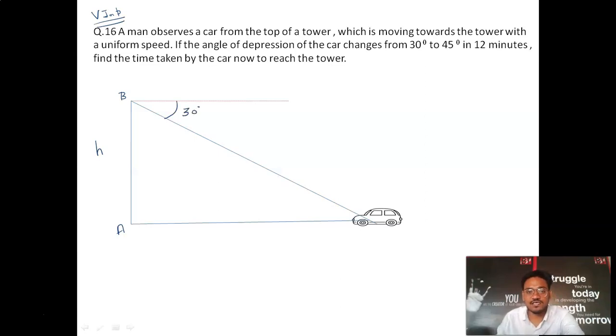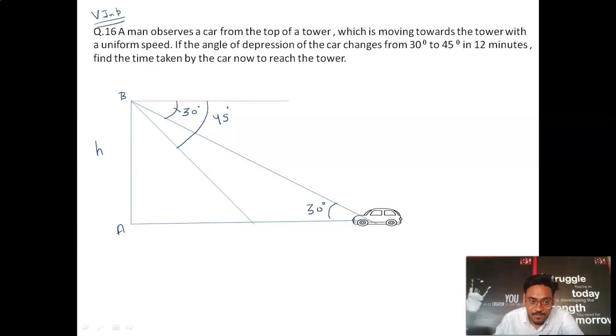Now students, what is happening here? In 12 minutes the car moved towards the tower. So this is the new position of the car, and at this position the angle of depression has now become 45 degree. So this complete angle is 45 degree. Since this angle is 30 degree, this angle is also 30 degree, because alternate interior angles are equal.